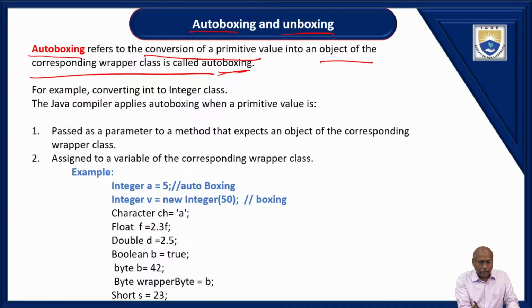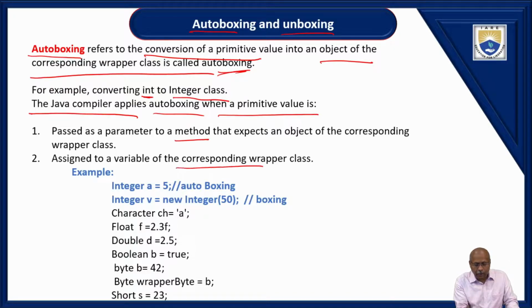For example, converting int to an Integer object. There you need the concept of autoboxing. The Java compiler applies autoboxing when a primitive value is passed as a parameter to a method or assigned to a variable of the corresponding wrapper class.